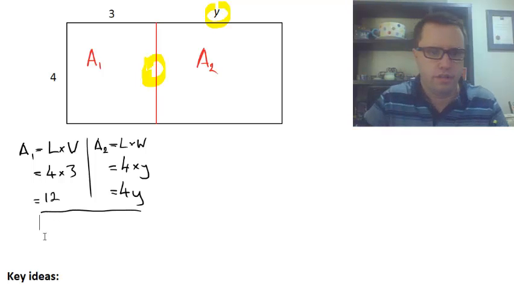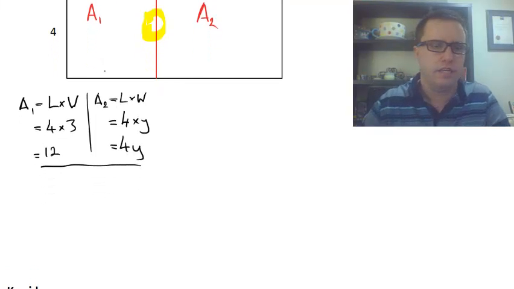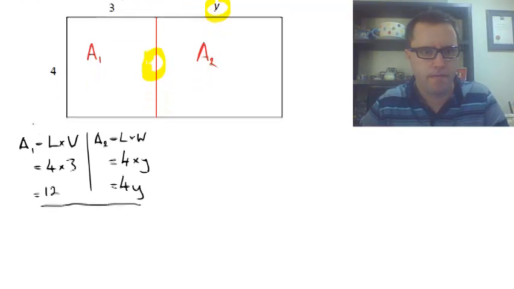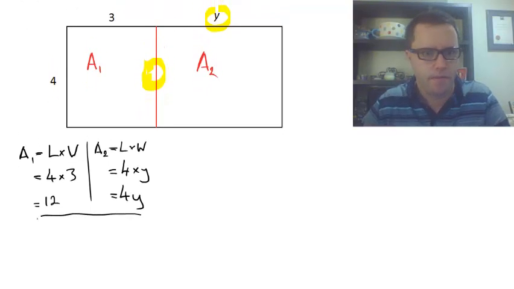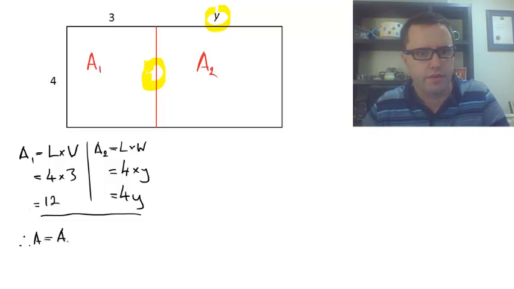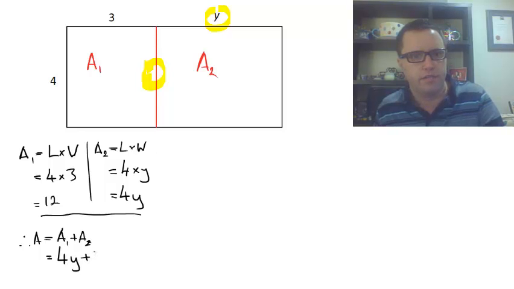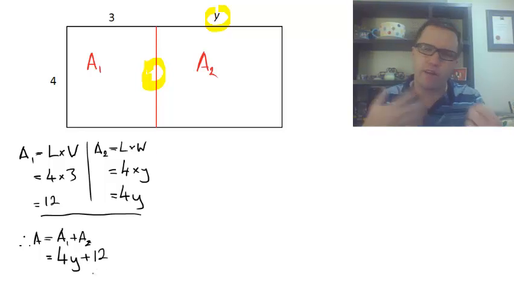Therefore, the total area is area 1 plus area 2, which is 4y plus 12. You're okay with that.